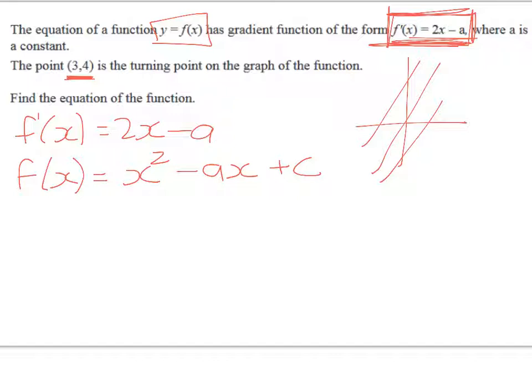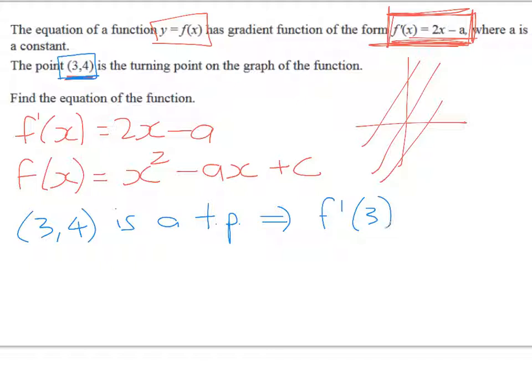Now we're going to have to use some other information in the question to help us go a bit further. We know that this point here, 3, 4, is a turning point. Therefore, the gradient at that point, so f dash at 3, must equal 0. So 0 is equal to 2 times 3 minus a.